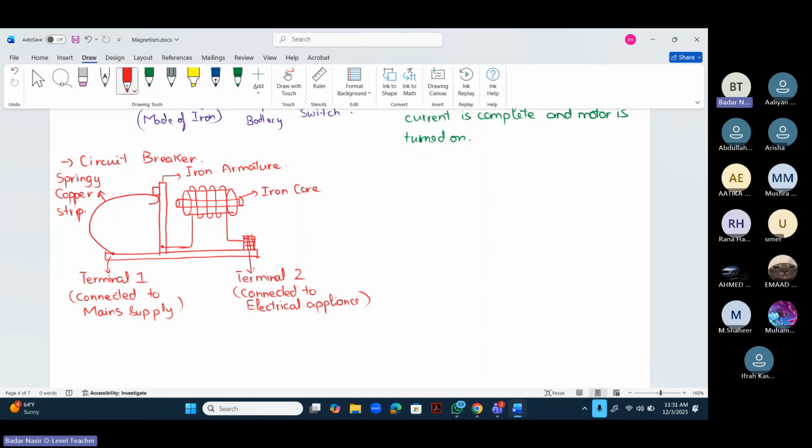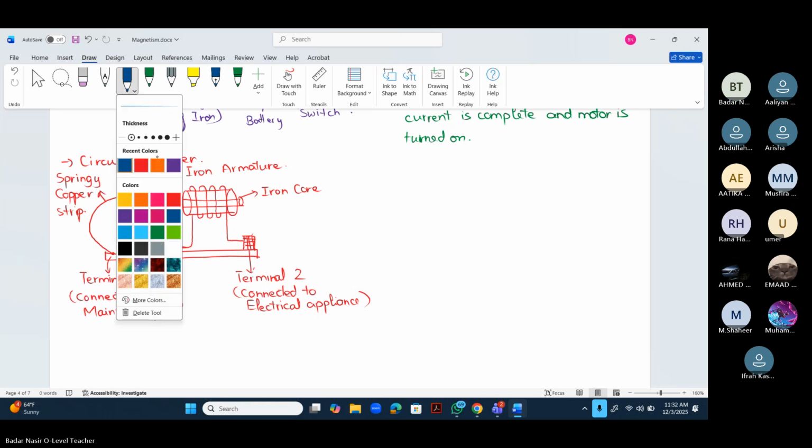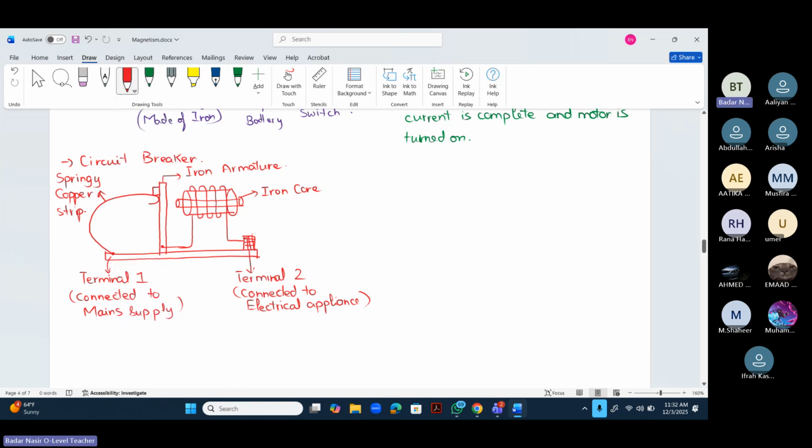So basically what is happening is that current comes from terminal 1. It flows through the springy copper strip into the iron armature, and from the iron armature it travels through this electromagnet, and then it goes towards terminal 2. This is your electromagnet.